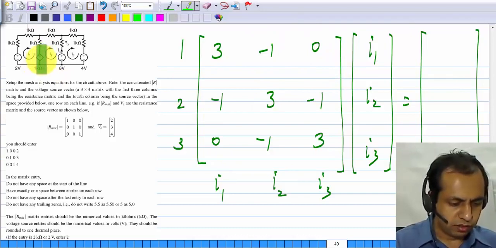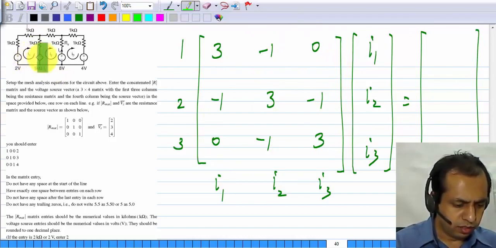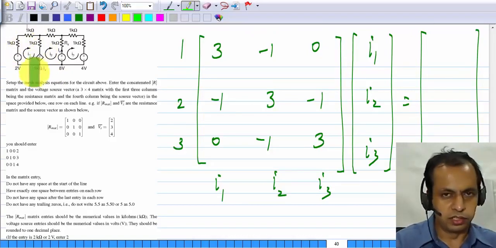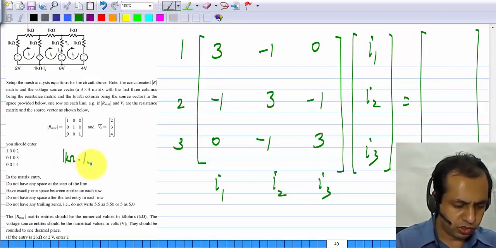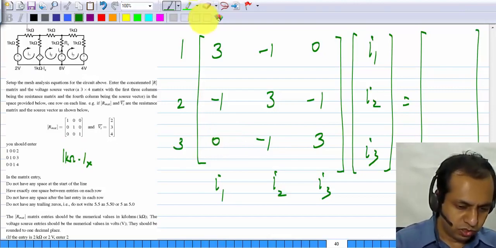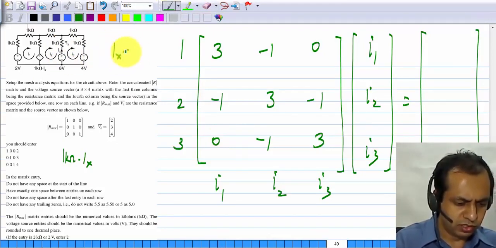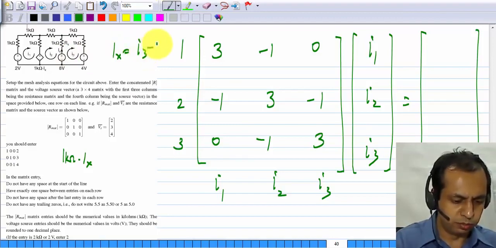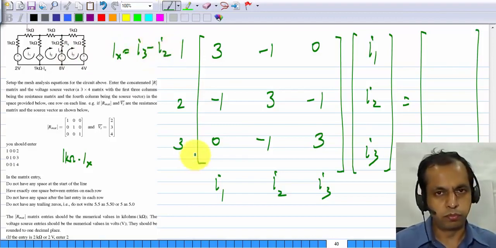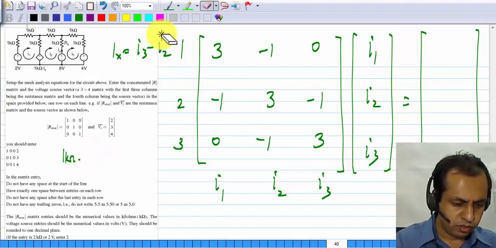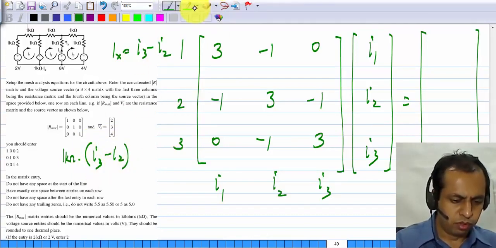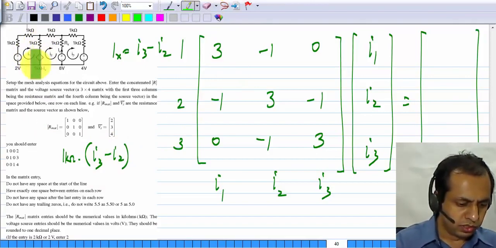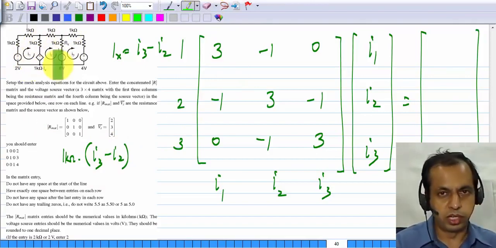Now you see that going in the direction of the mesh, there is a voltage drop of 1 kilo ohm times Ix. And what is Ix? Ix is in this direction, so you can see that it is I3 minus I2. So we'll have 1 kilo ohm times I3 minus I2 added to the first mesh, and also to the second mesh, by the way.